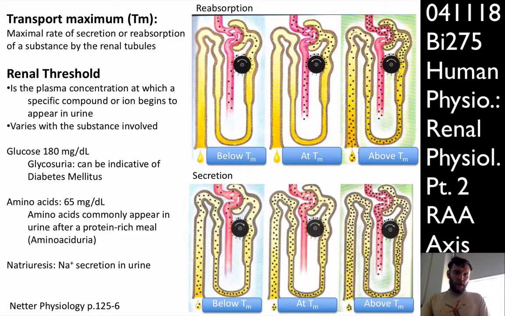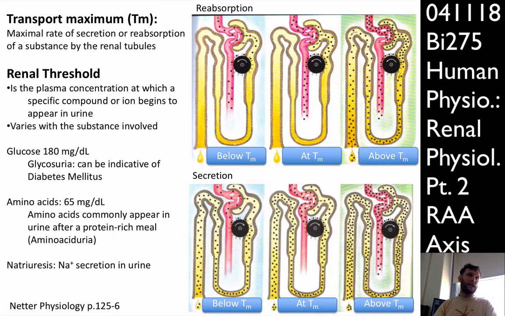So with glucose, it's pretty high, 180 milligrams per deciliter. If you go above that, this is called glycosuria and is indicative of diabetes mellitus.